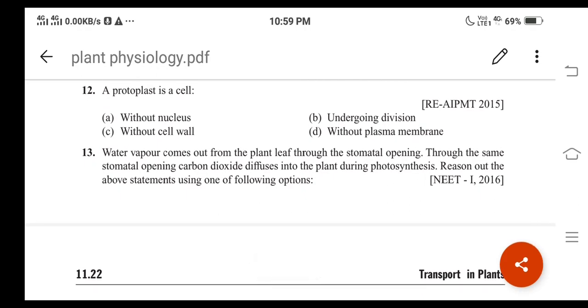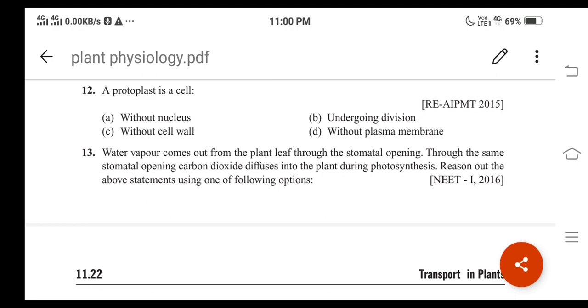Then the 12th one: a protoplast is a cell. The different options are: without nucleus, undergoing division, without cell wall, without plasma membrane, right? And for question number 12, option C is the correct answer.